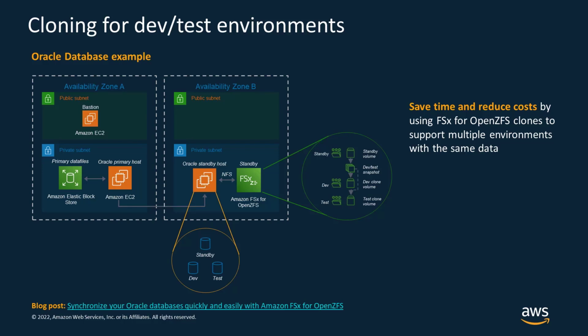And for you, what that means is that you can, one, support multiple environments with the same storage, meaning that you can significantly save costs. And two, you can synchronize your data across these environments a lot more quickly and a lot more easily, meaning you can innovate faster with that data.